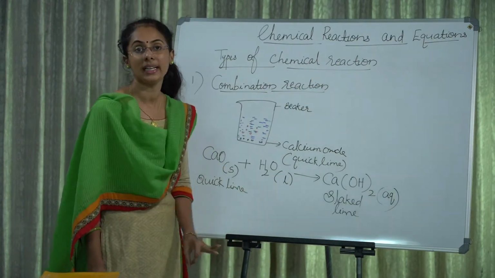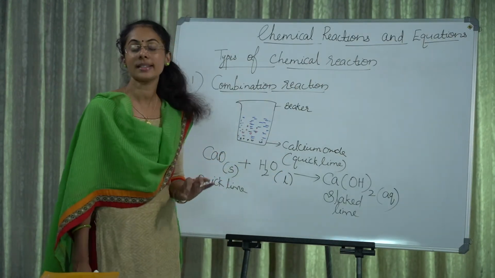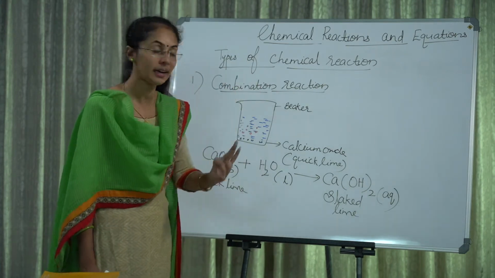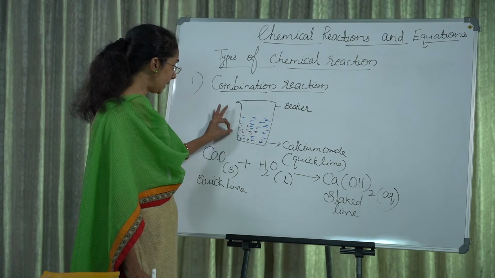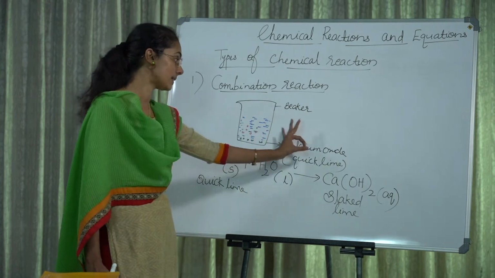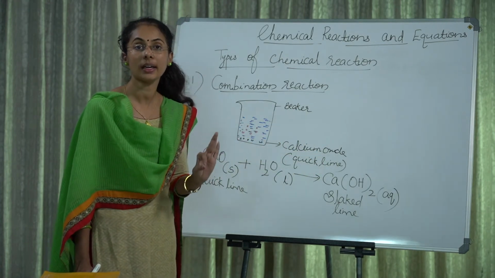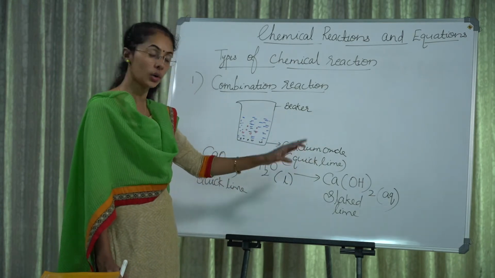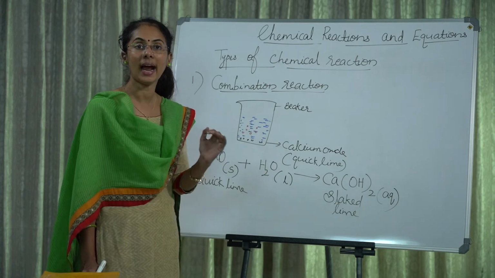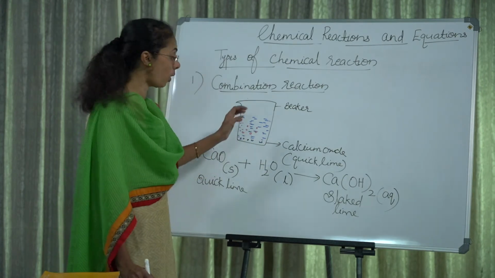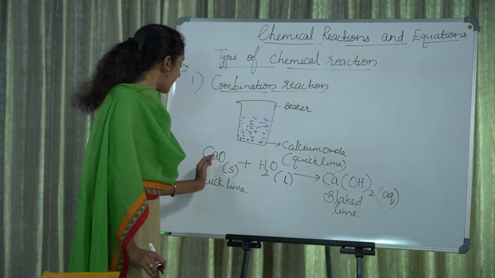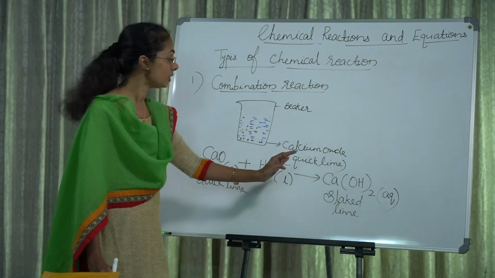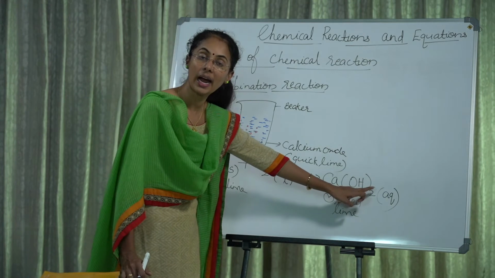Types of chemical reaction. First reaction is combination reaction. Take one beaker, then add some calcium oxide, also known as quicklime. Then slowly add water. Calcium oxide reacts with water to form calcium hydroxide.